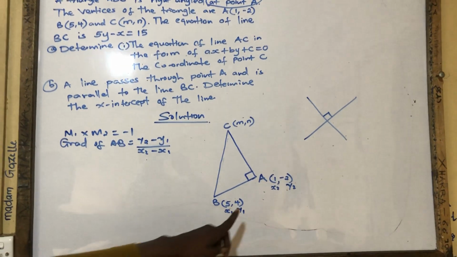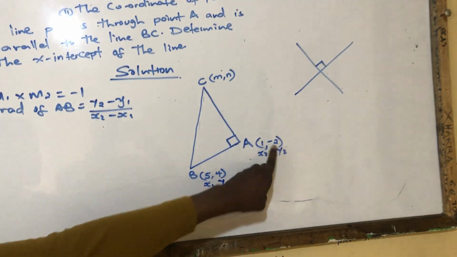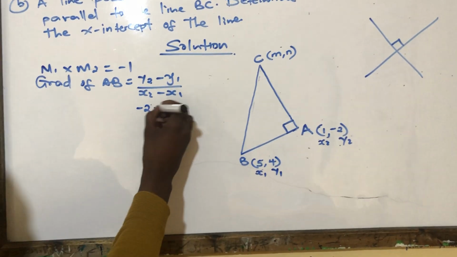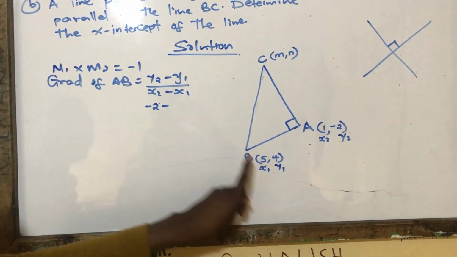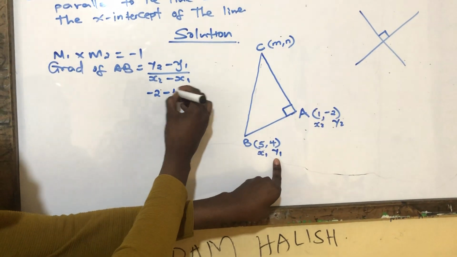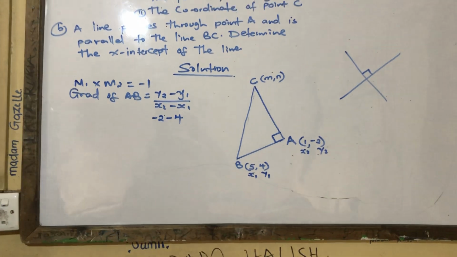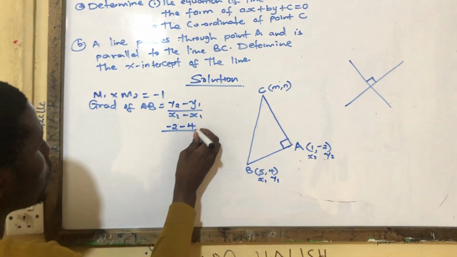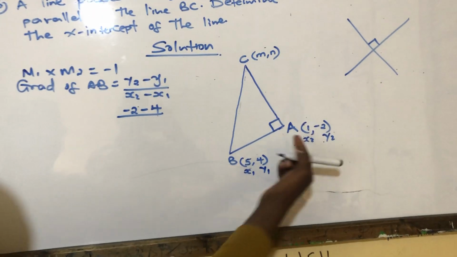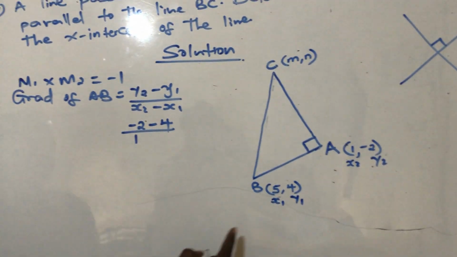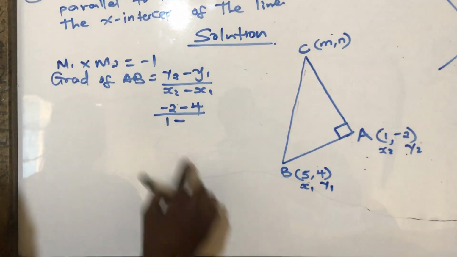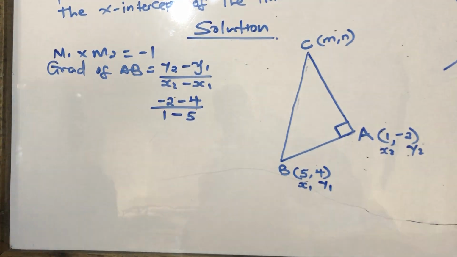What is our y2 in this case? Negative 2, minus y1, which in this case is positive 4. I will put this one here over x2, which is 1, minus x1, which is 5 in this case.